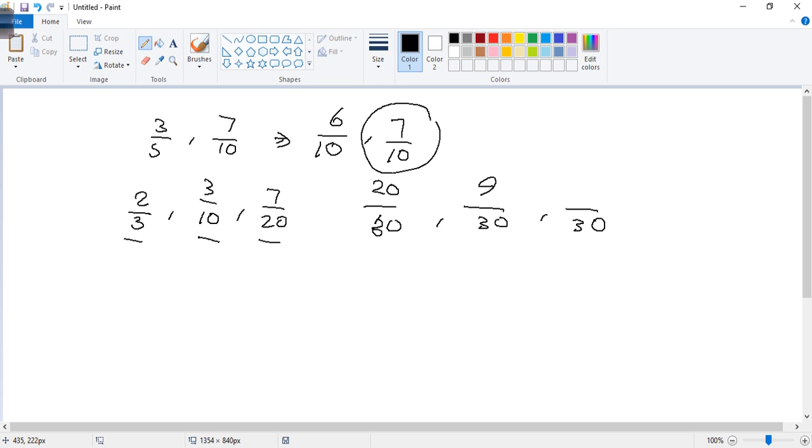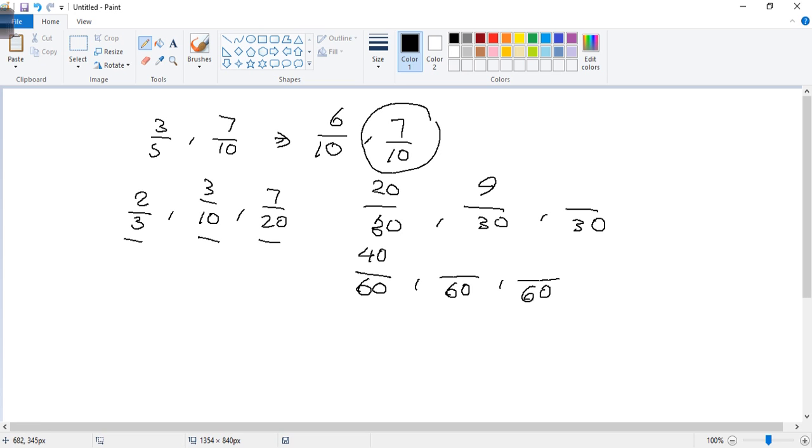And 20, no, 30 is not a multiple of 20, so we have 60, yeah? 60, 60, and 60. 3 times 20 is 60, so 2 times 20 is 40.